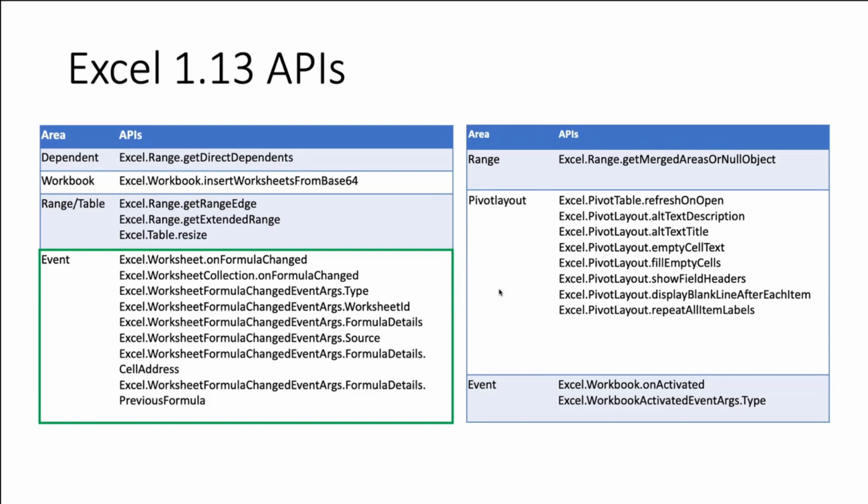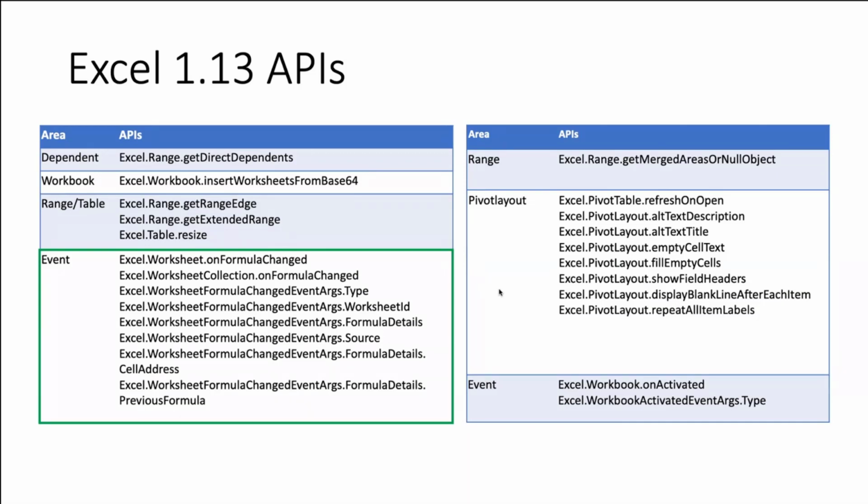Today, I would like to confirm with you about one behavior of the API that was a top ask, which is the insert from base 64 API. We received some feedback from GitHub, and people are asking what the default behavior should be when inserting worksheets from an external workbook: whether we should activate the newly added worksheets, or keep the original sheets and not activate the newly added one.